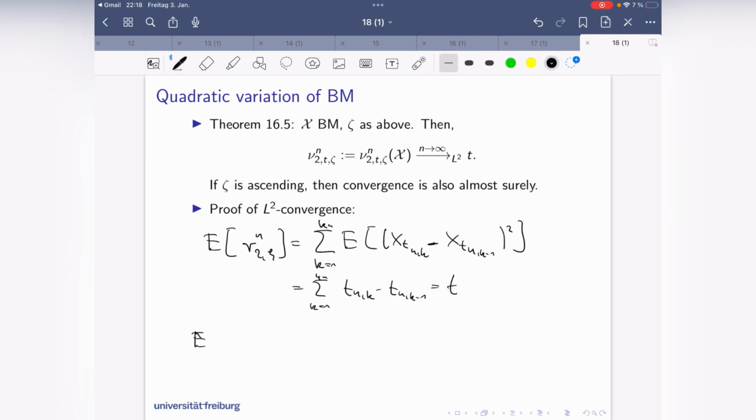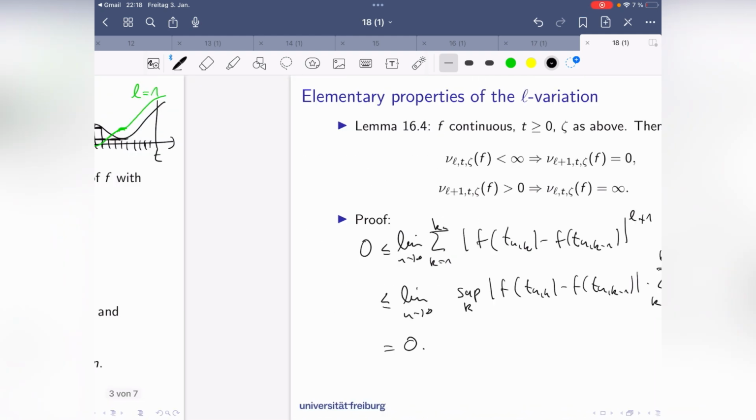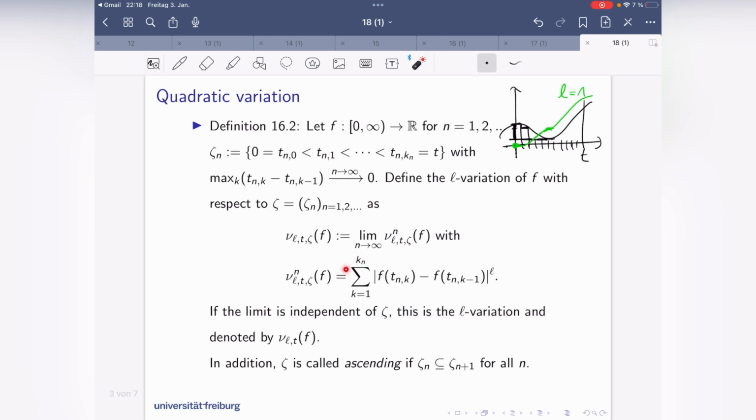So let's also compute the variance. So the variance is then the expectation of (V_2(theta_n) minus t) squared. So that's the variance of V_2(theta_n), and V_2(theta_n) here is this sum here, where x is Brownian motion.